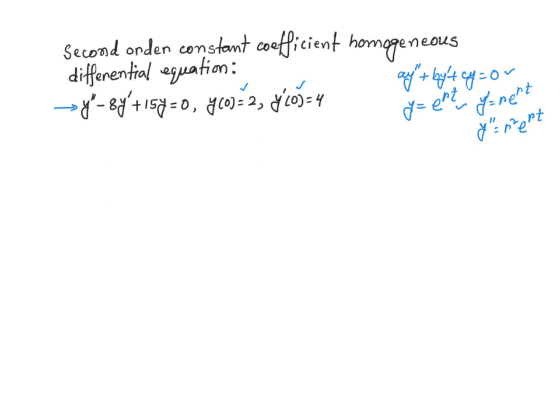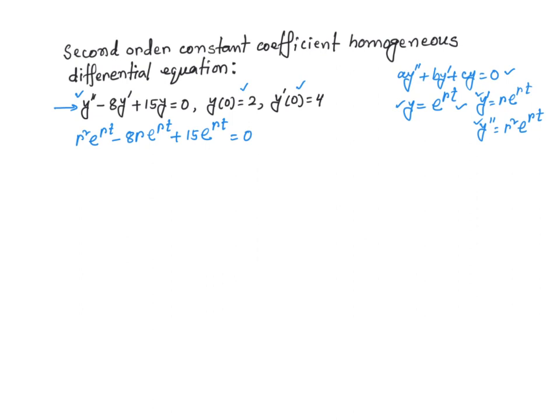So if I plug these values into this equation, I should get r squared e to the power rt minus 8 times r e to the power rt plus 15 times e to the power rt is equal to 0.